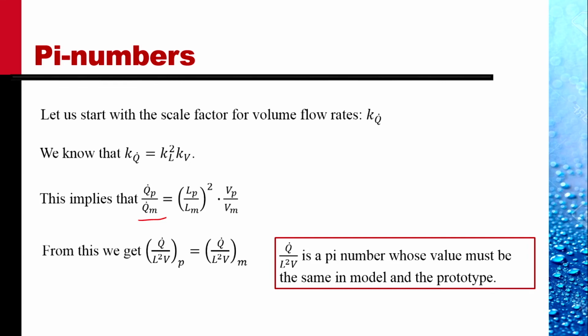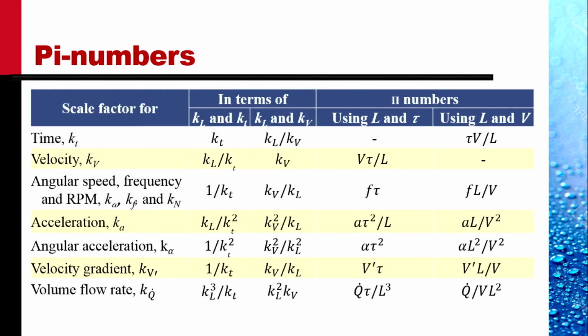This may be used as a modeling rule if all the three quantities Q dot, L and V are independent, but if one of them is dependent, this would be the prediction rule. We'll come to this a little later. So, after obtaining the scale factors that we did earlier, and these are contained in these two columns, we convert them into pi numbers.